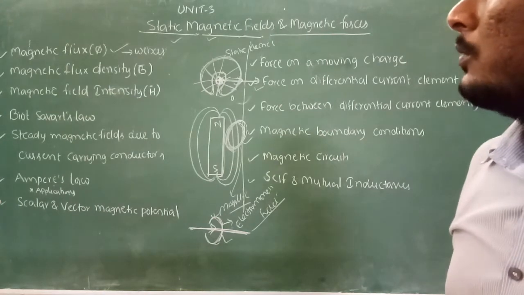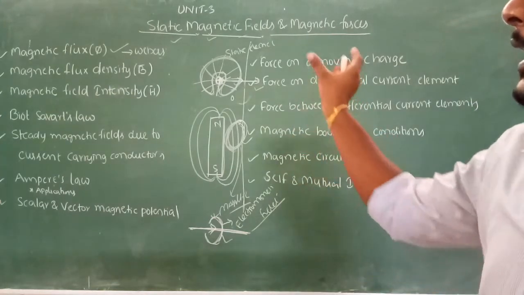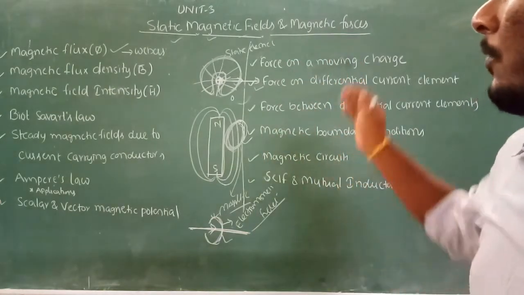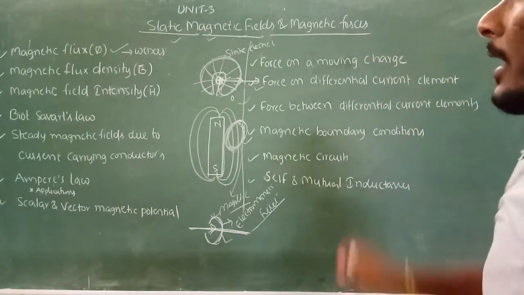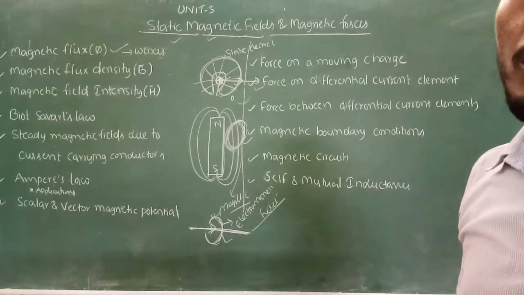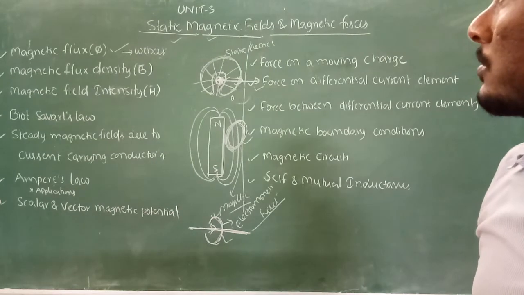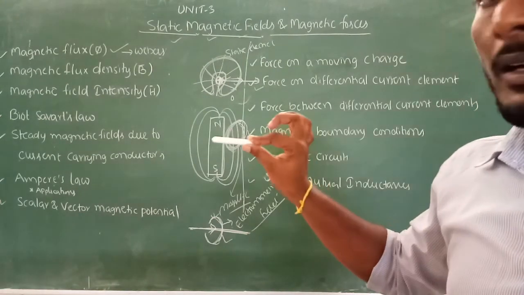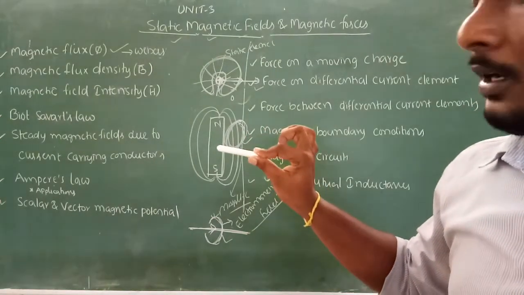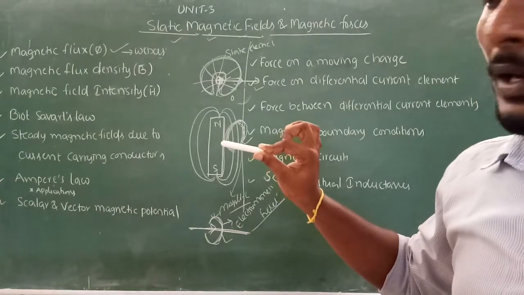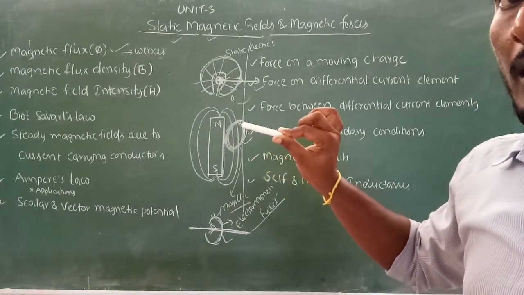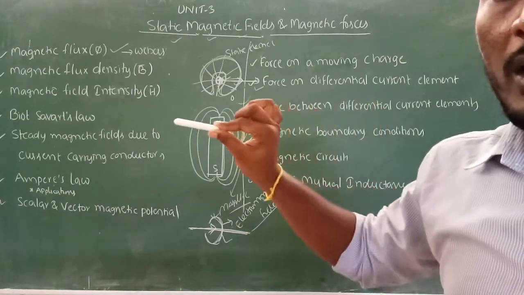Now see, in this unit, in addition to the static magnetic fields, we are also going to study the magnetic forces. So what is the meaning of magnetic force? If you take a conductor like this and excite it with an external source, current is flowing through the conductor.